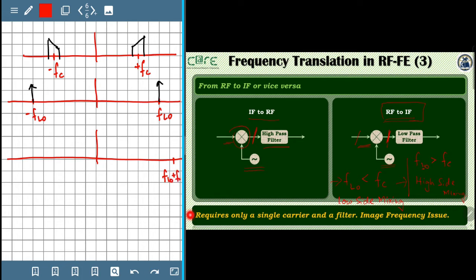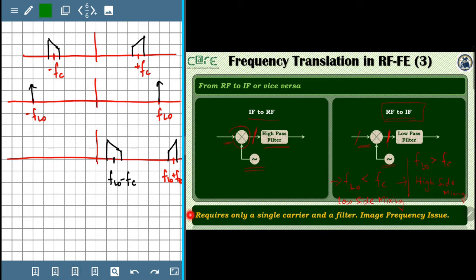FLO plus FC, and then there will be a signal at FLO minus FC, and because FLO is greater than FC, we will have it somewhere here. So it will be a signal at FLO minus FC, and the signal will have this shape.